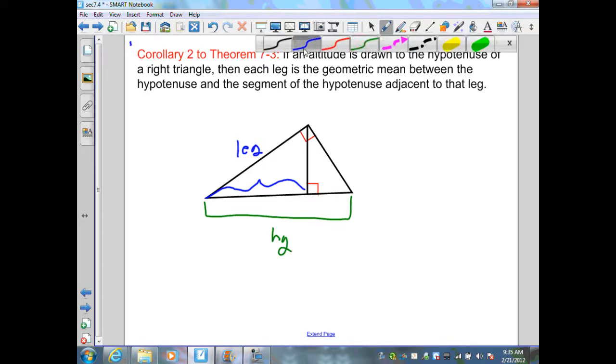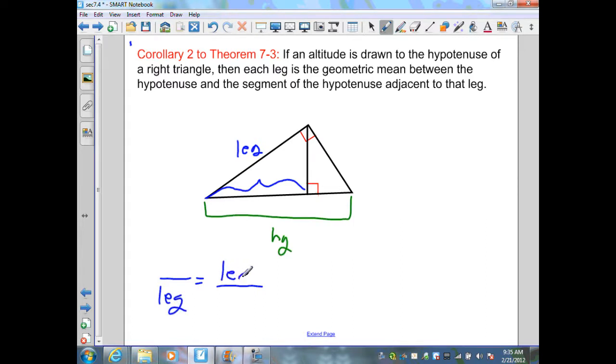Therefore, I can set up a geometric mean with this leg. And we know a geometric mean is a proportion where the means are equal. In this case, the legs are the means. So here, this leg is the geometric mean. And it's the geometric mean between this segment of the hypotenuse and the entire hypotenuse. As previously defined, I know that I have two legs.